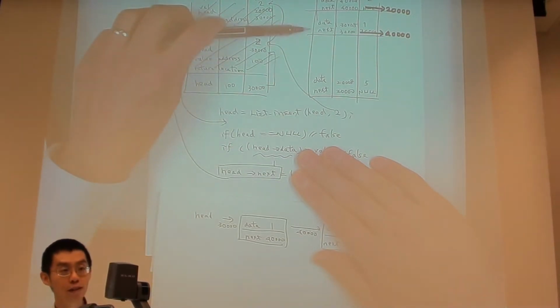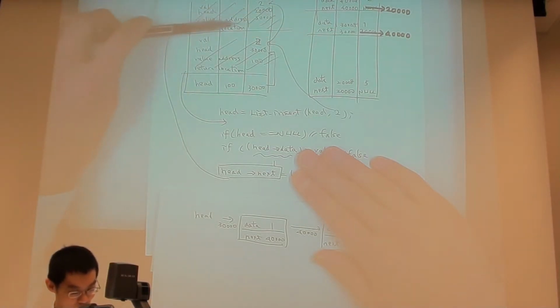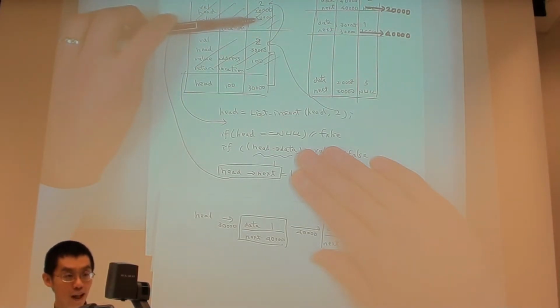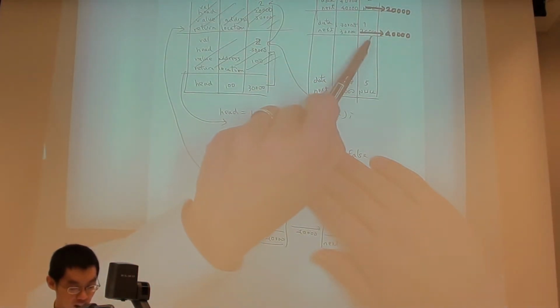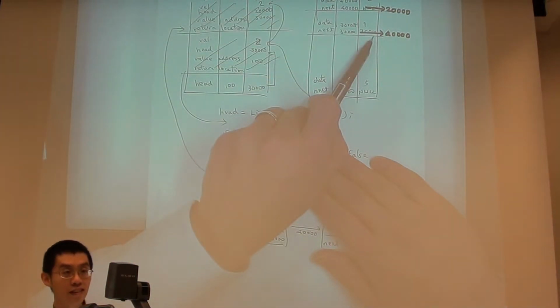So I need to have the address. What's the address of this line? 30,000. So that's the reason I write variable address 30,000. That means when this function returns, I'm going to modify the variable at address 30,000. Does that make sense?